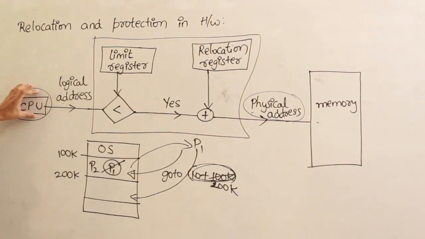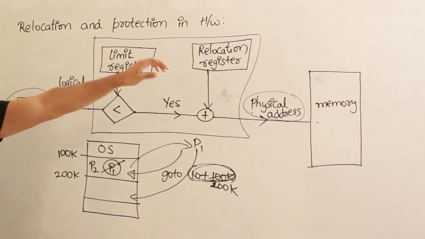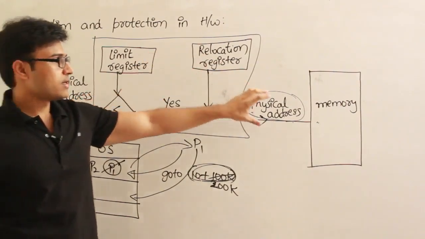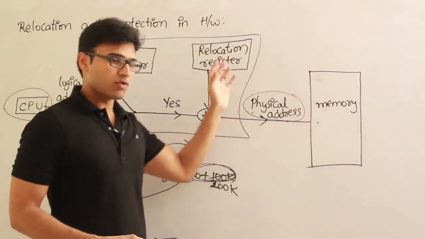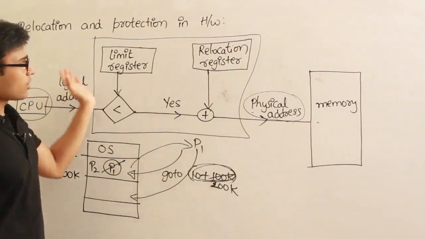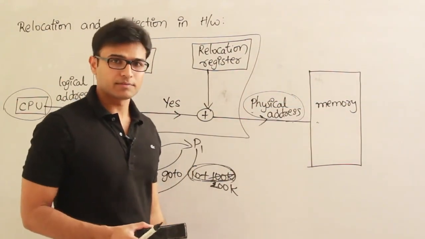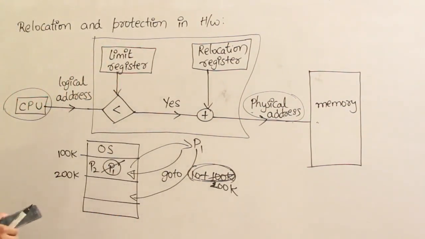It doesn't know that a process is loaded at some other point in the memory, and the memory manager knows that the process is loaded at some place. Therefore the memory manager should take the address so that it can be fetched from the physical memory. Got it? So what I mean to say is simple.